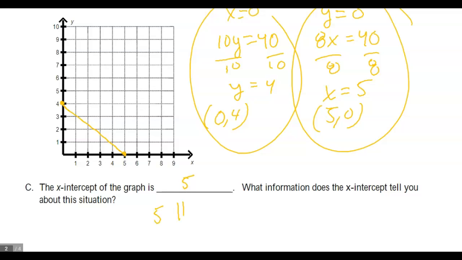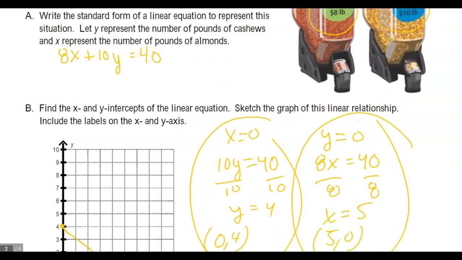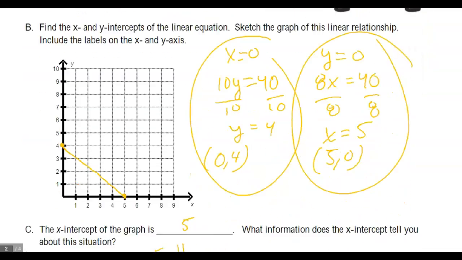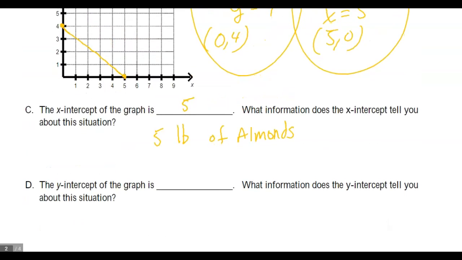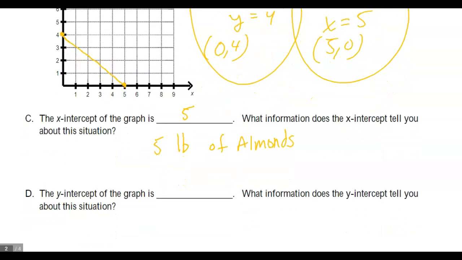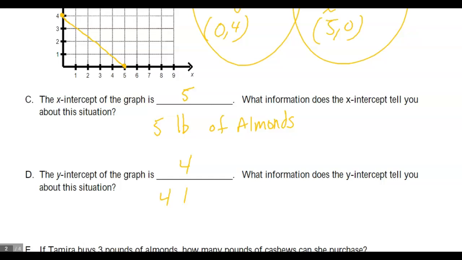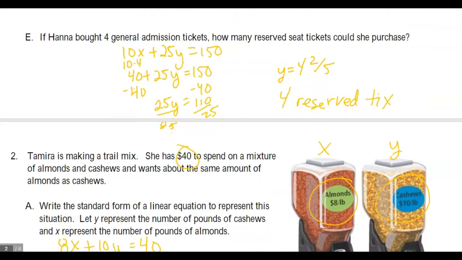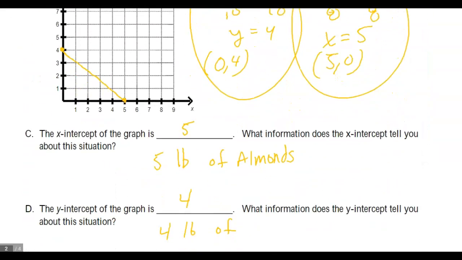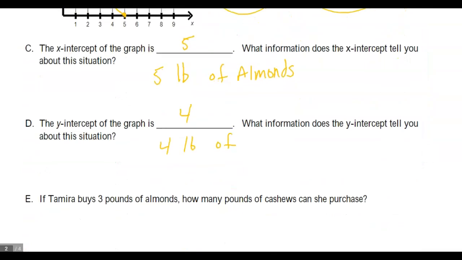That means you can buy 5 pounds, lb, of almonds. And then our other intercept is 4. So you could buy 4 pounds of cashews, because 10 times 4 is 40.